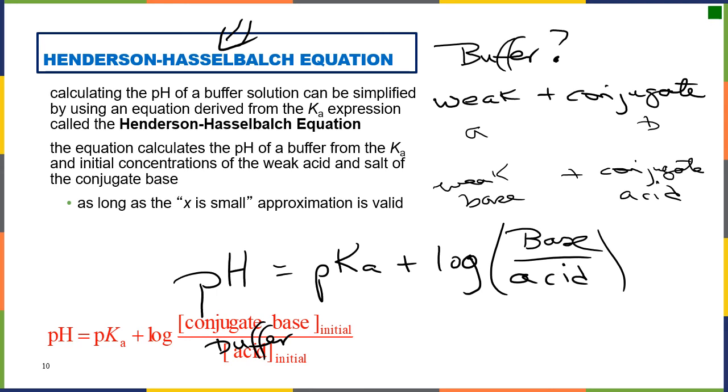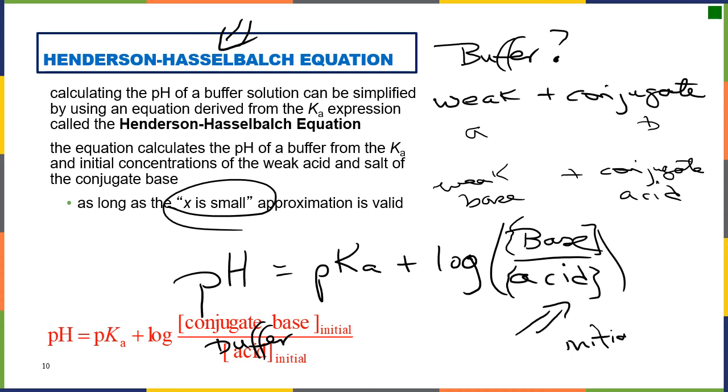Now, we're going to use the X is small approximation, which means the concentrations of the base and the acid are initial. We consistently ignore that change in X anyways, and this is our equation. And remember that pKa is the minus base 10 log of Ka.